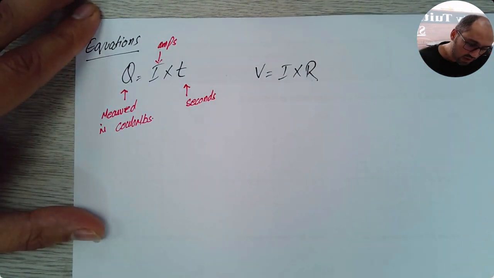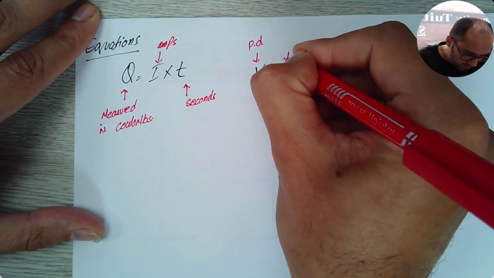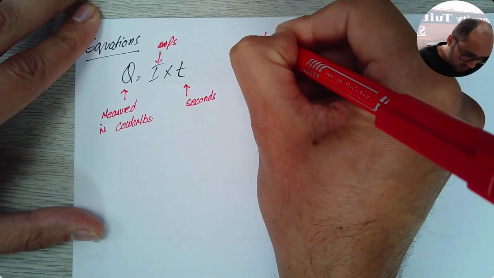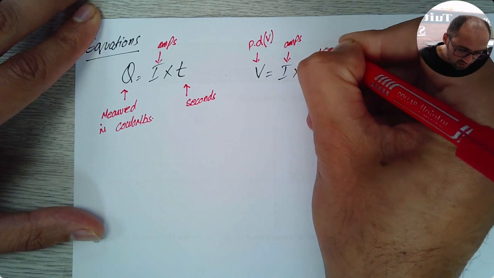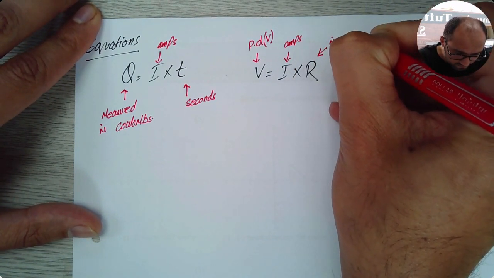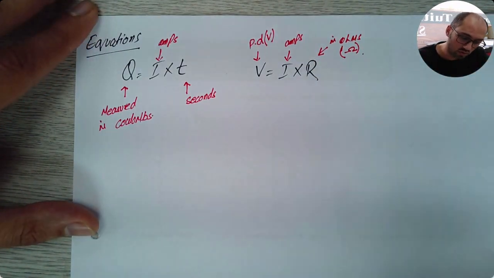Second equation, this is my PD, this is my amps, which is my current. PD is in volts and resistance is in ohms. That's the symbol for ohms.